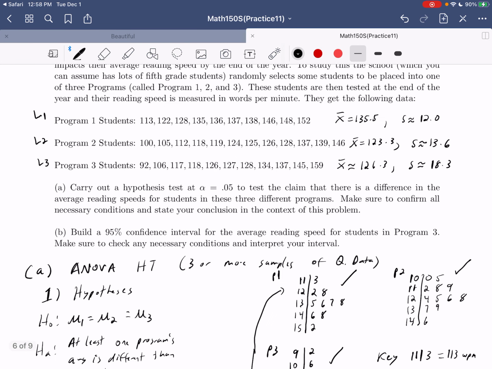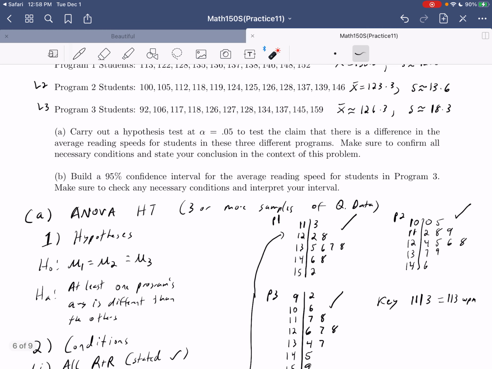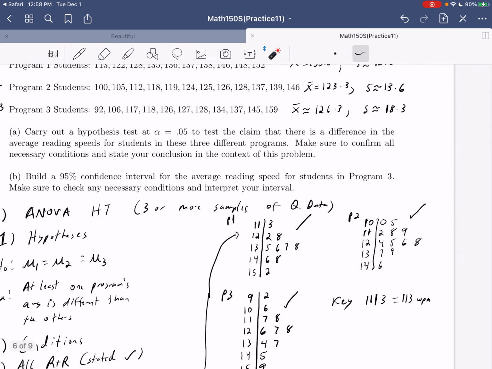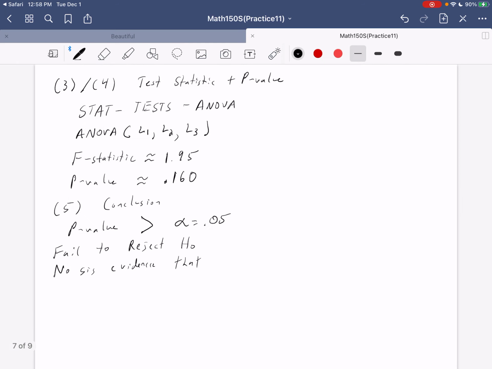Well, we can look back at the language of the problem to claim that there's a difference in the average reading speeds for students in these 3 programs. Or we can say at least one of the program's averages is different than the others. Either way you want to phrase it. So no significant evidence that the average reading speed is different after these 3 programs.